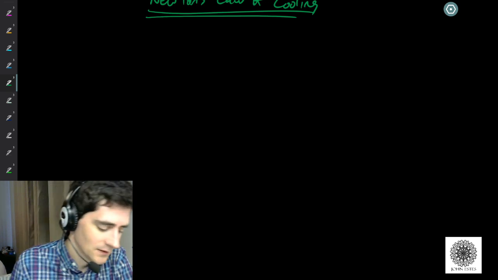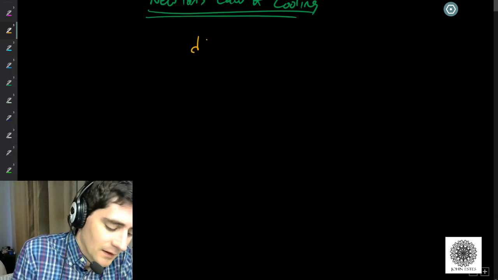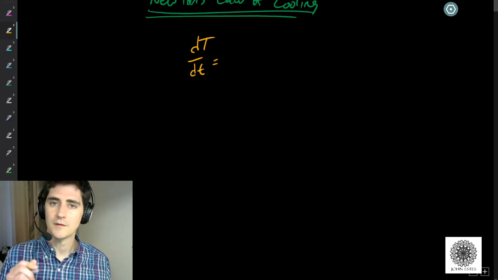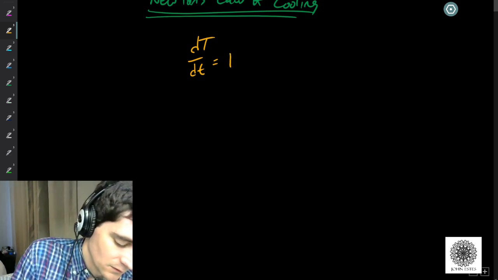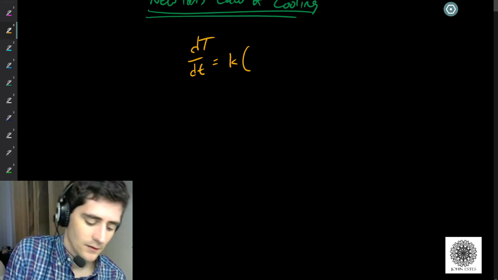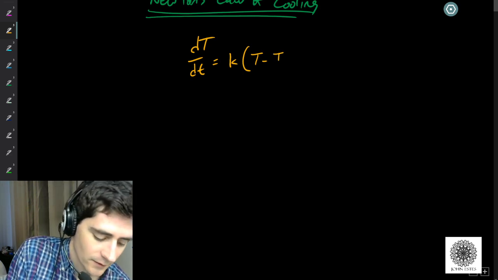Okay, now this sets up as a differential equation just like growth and decay with a slight variation. So we say this time the change in temperature versus time, where capital T is temperature and lower t is time, is proportional to the difference between your temperature function and your ambient temperature.